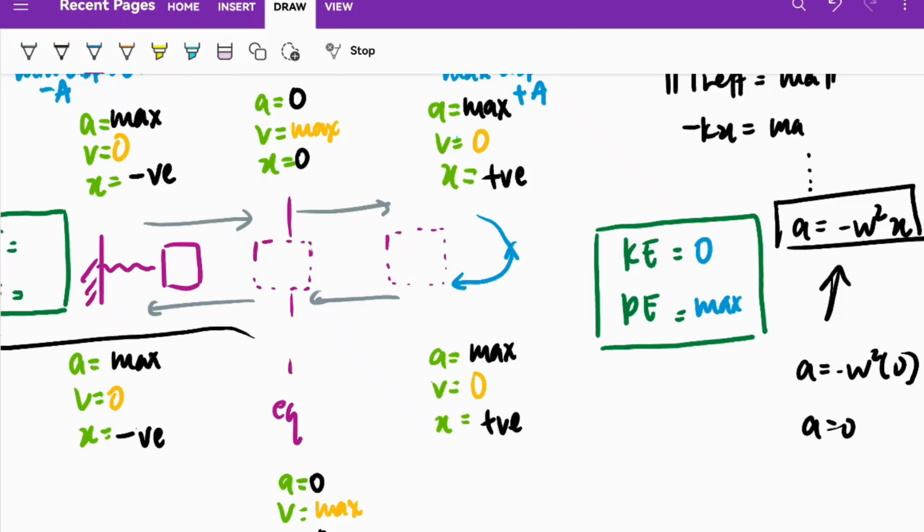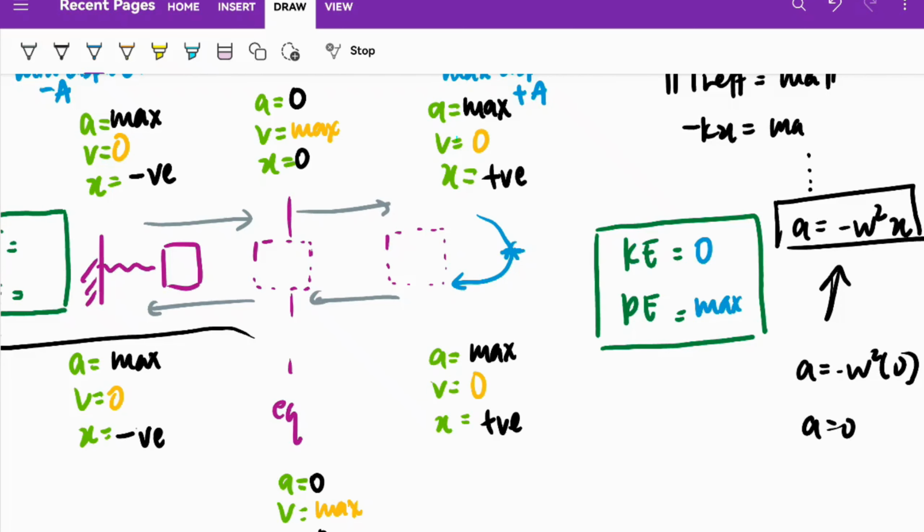Remember, energy cannot be destroyed. You can only transform or transfer energy, basically an interchange of energy, but it cannot be destroyed, right? So when your kinetic energy at this point is 0, your potential energy is maximum. All the energy is stored as elastic potential energy of the spring.